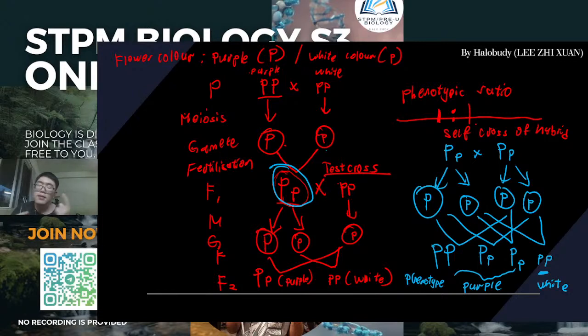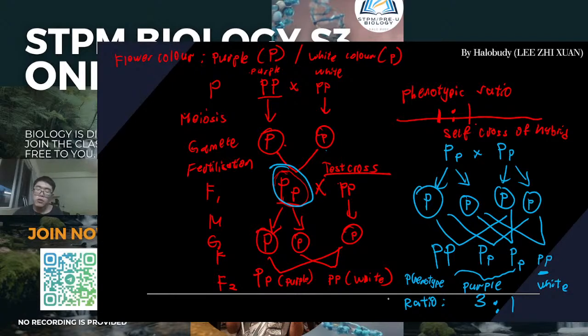Only 1 offspring is white color, when they do the experiment. So that is why the phenotypic ratio for this plant is 3 to 1. So all together there are 4 offspring, but 3 are purple color, and only 1 is white.